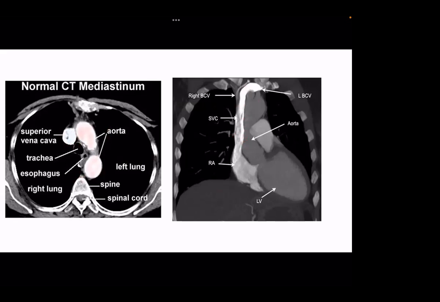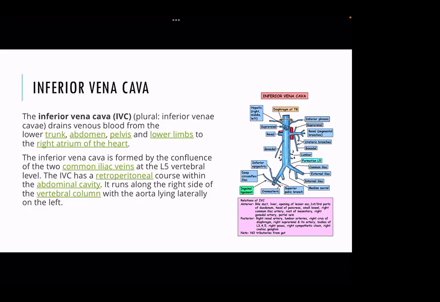The inferior vena cava drains the venous blood from the lower trunk, abdomen, pelvis, and lower limbs to the right atrium of the heart. The inferior vena cava is formed by the confluence of two iliac veins at the L5 vertebral level. The IVC has a retroperitoneal course within the abdominal cavity.